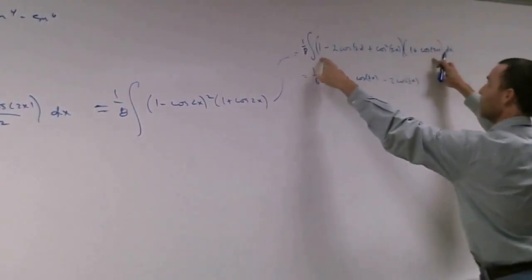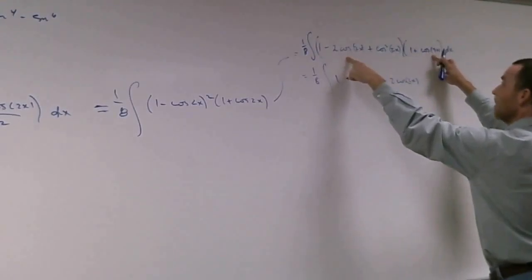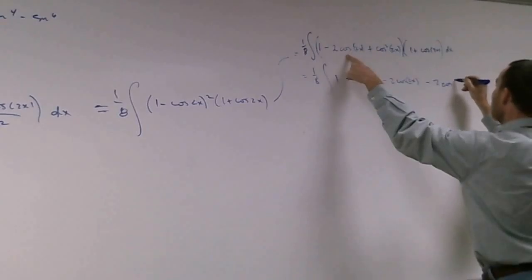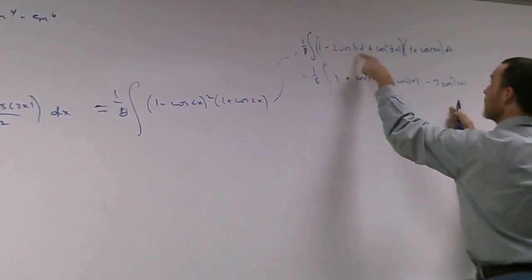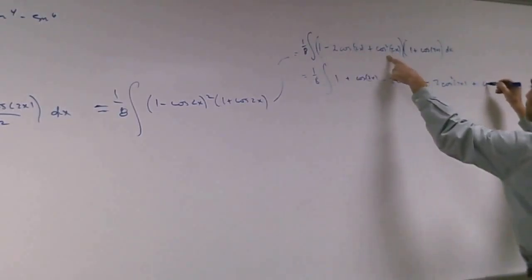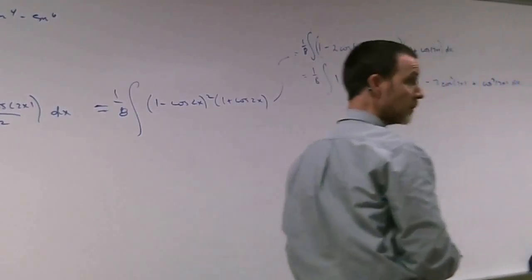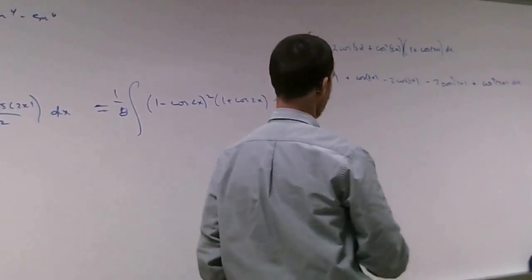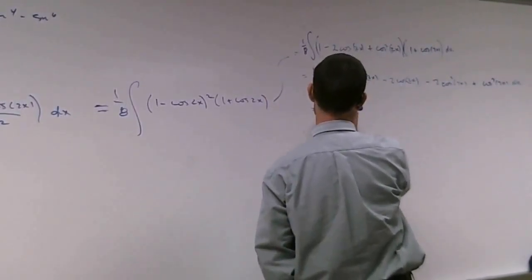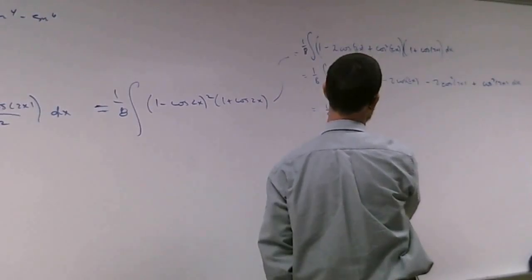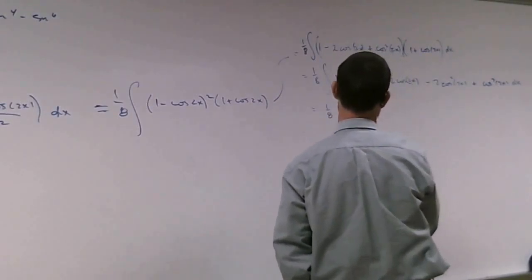First times first, this times this, one times this, one times this, negative 2 cosine 2x all squared, and last times last, cosine cubed 2x. I can combine this one and this one, and that's about it, huh?